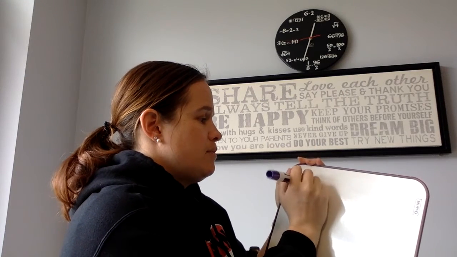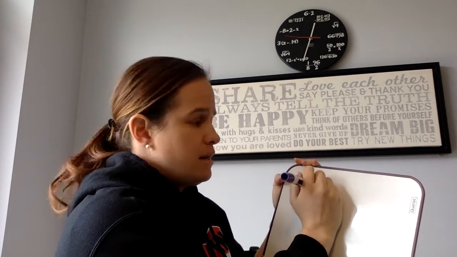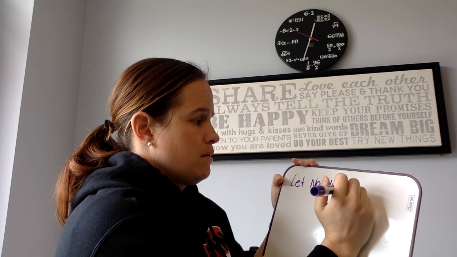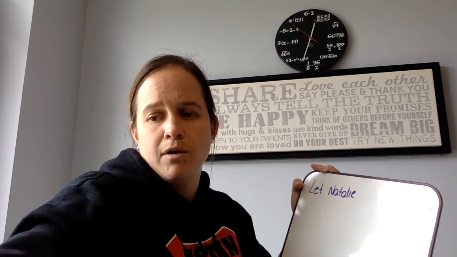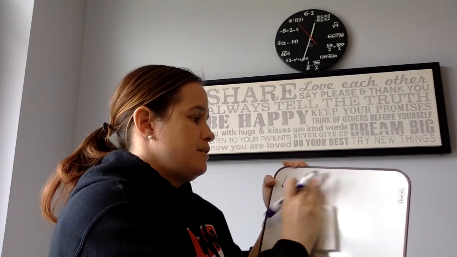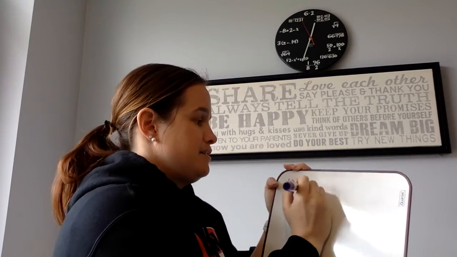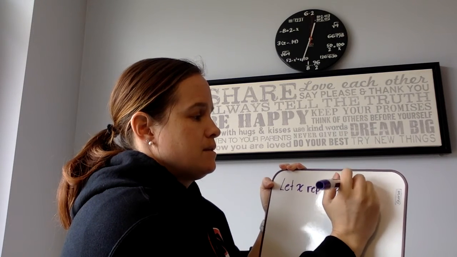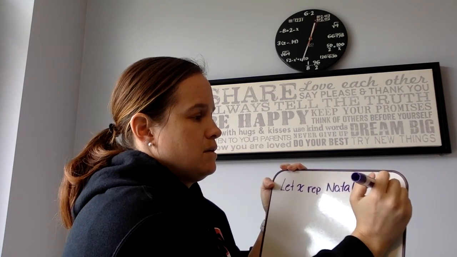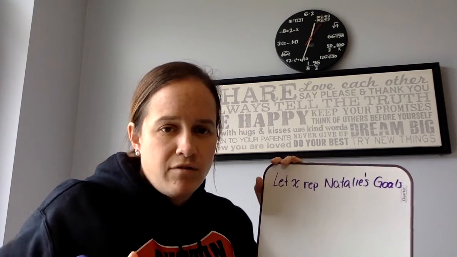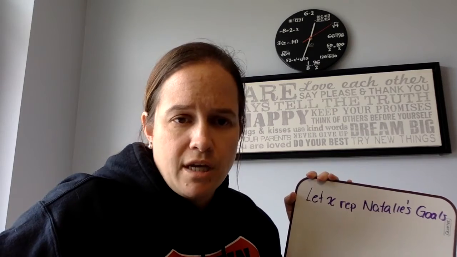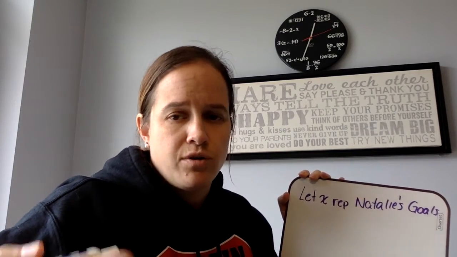Well, I'm not going to let Natalie. I'm going to let X represent Natalie's goals because everything's happening in relation to Natalie's goals. So Chantel's scoring in relation to Natalie, Samara's scoring in relation to Natalie.